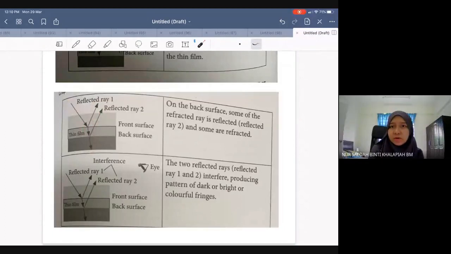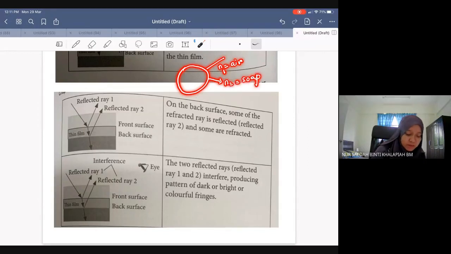The third medium daripada inilah, kalau kita punya soap bubble tu, soap bubble kita bulat kan contohnya. Okay, so kita punya first medium adalah air lah. So kedua, medium yang kedua adalah soap kita punya medium, dan medium ketiga adalah air semula lah.